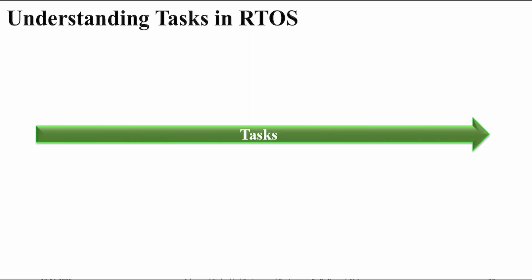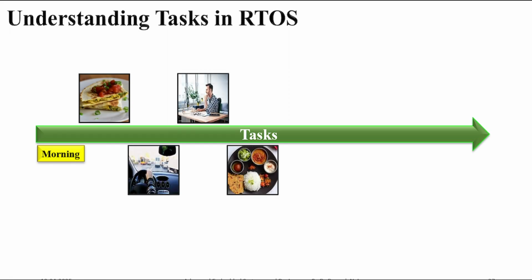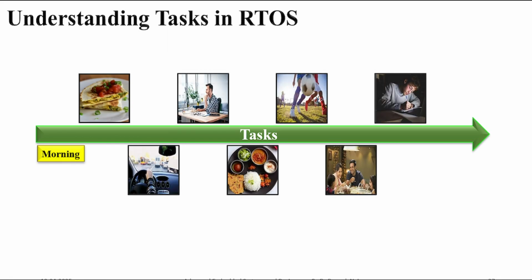Basically, the tasks that an RTOS does are more or less similar to the tasks that we do in our daily life. Let us take an example. In our daily life, we wake up in the morning, we have our breakfast, we travel to our office or school or college, then do our work, then we take our lunch, and by the evening we may take some time out to go to the gym or play some games.